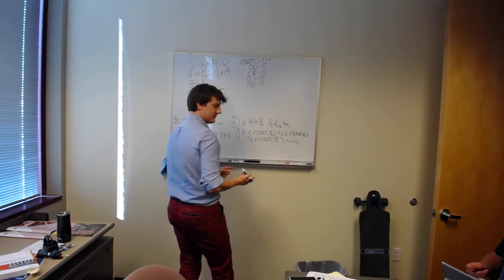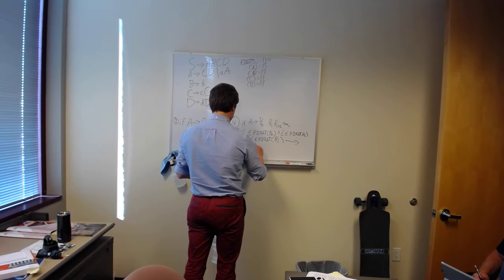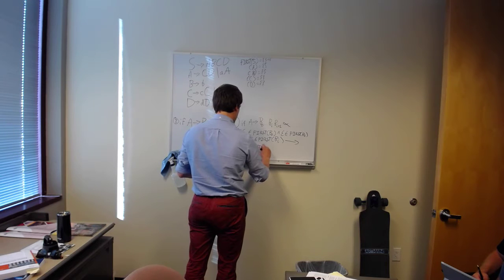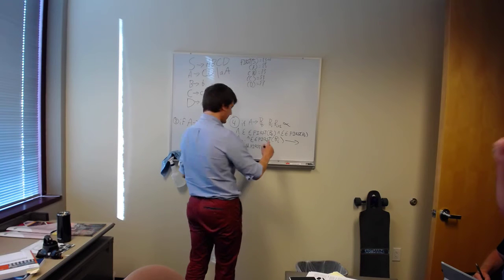What do we do? Then you're going to add first of B I plus 1 minus epsilon.